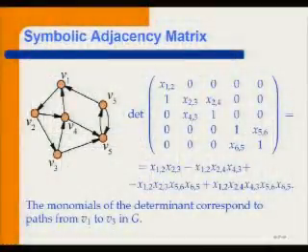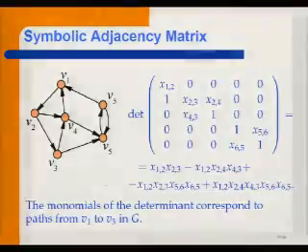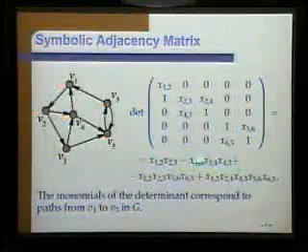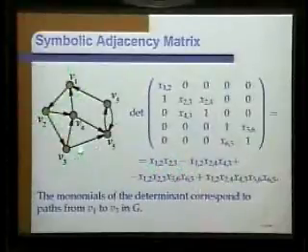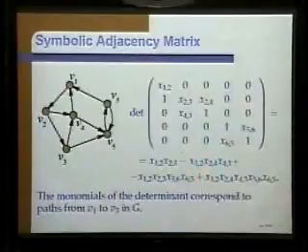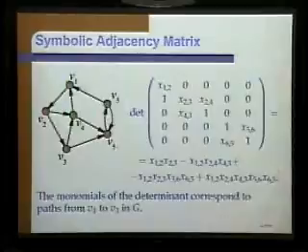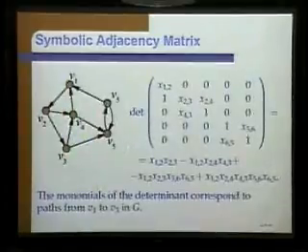We compute its determinant, and we see that each monomial is really a path, or perhaps something more complicated, from vertex 1 to vertex 3. If you look at this, it corresponds to this path. And this corresponds to which path? Oh, there's a wrong edge here, I think.